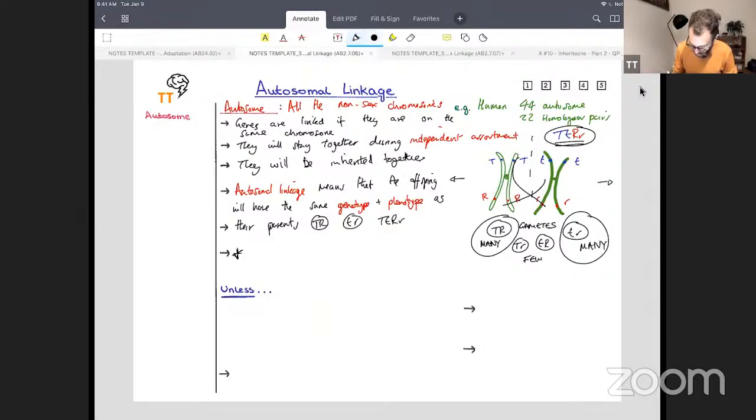So if we do that as a cross, we have this, and then we end up with the same as we had before.